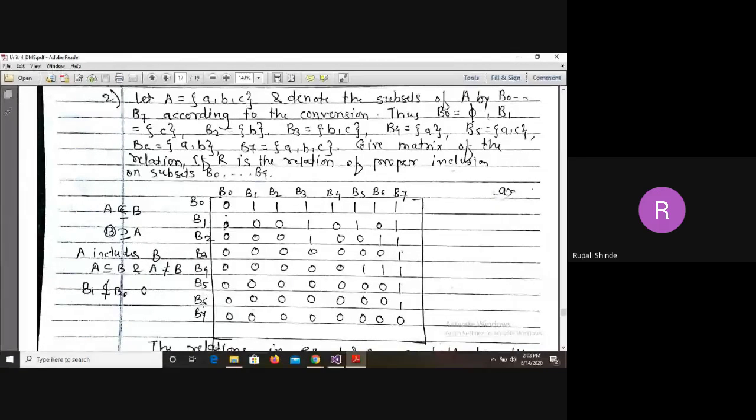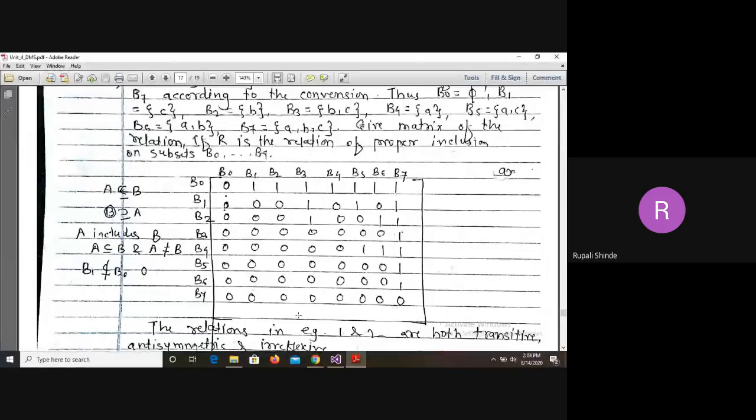And for B6 and B7 we have marked 1 because B6 is A comma B and B7 is set A comma B comma C. So again B6 is a subset of B7 and these two sets are not equal. That's why we mark 1 there.